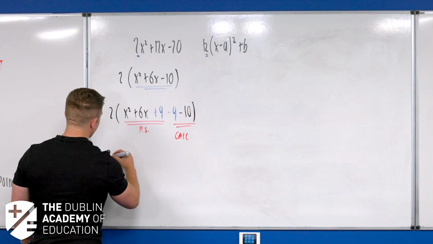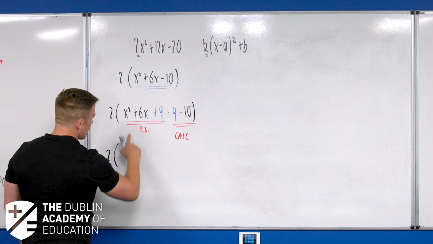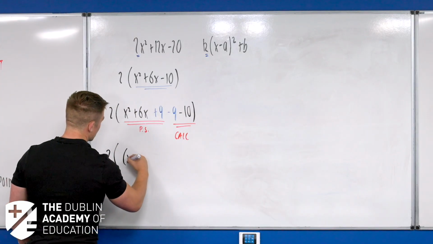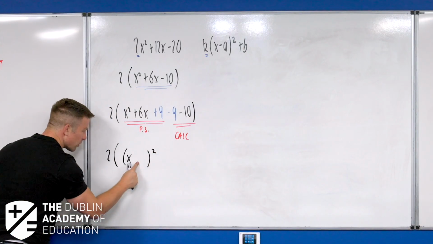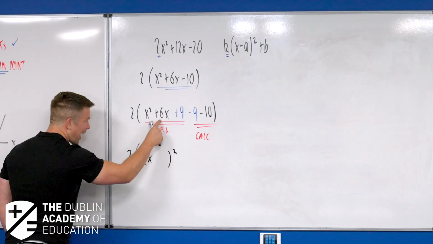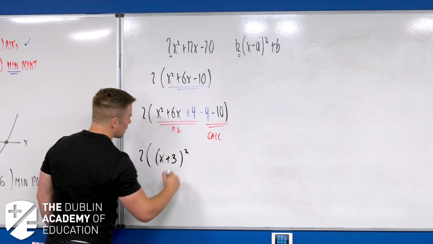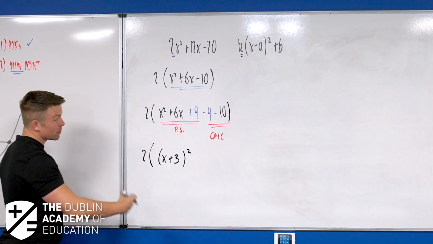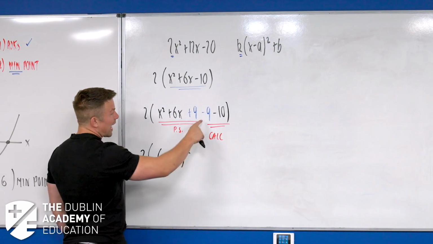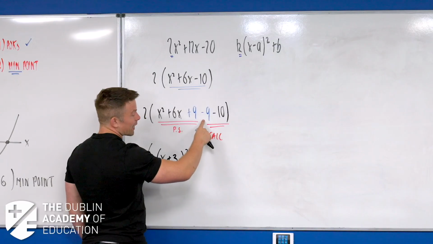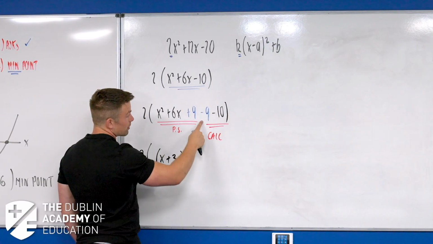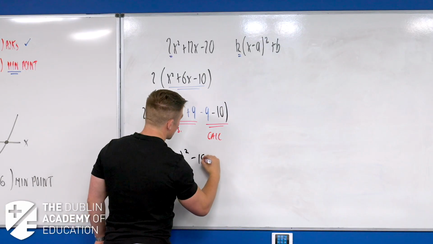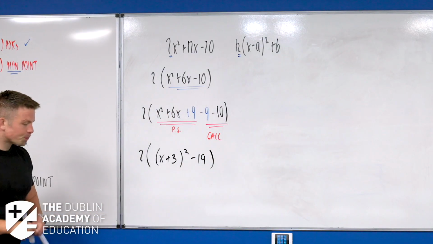So I still have 2 on the outside of something, but these first 3 things will turn into a bracket that has x at the front squared, and that number here is always half the coefficient of x. Cool. Again, you could factorize this one, but decimal ones in the future you couldn't. And then put these into our calculator, and again, they could be decimals or fractions, so obviously we could probably do this in our head. We get minus 19 and then close the bracket.